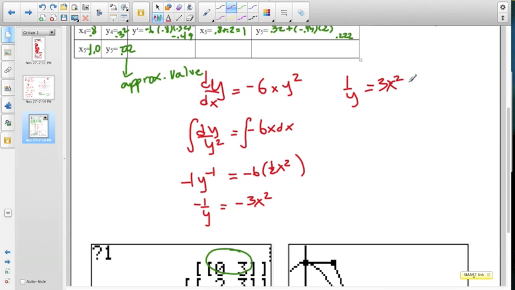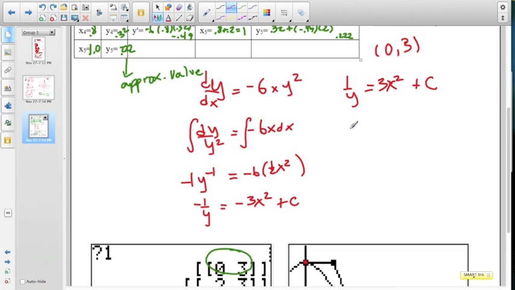And then we have a constant of integration here, and we have initial values. So we have at x is 0, y is 3. We want to force the function to go through that point 0, 3. That's what causes our particular solution, when we force it to go through a point. And the initial conditions told us to force it to go through 0, 3.